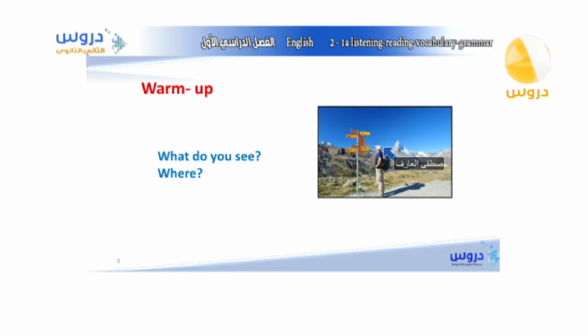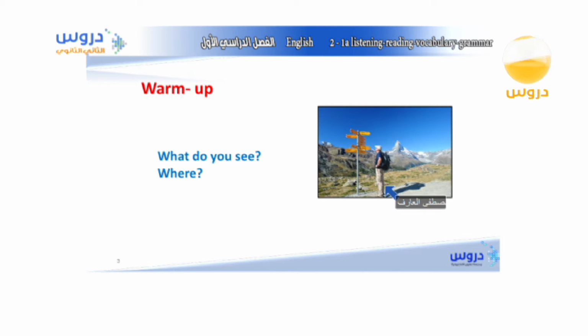What do you see here in this picture? It is a sign on the road, and a man is standing. He looks like a tourist because he has a bag, so he's looking for directions.